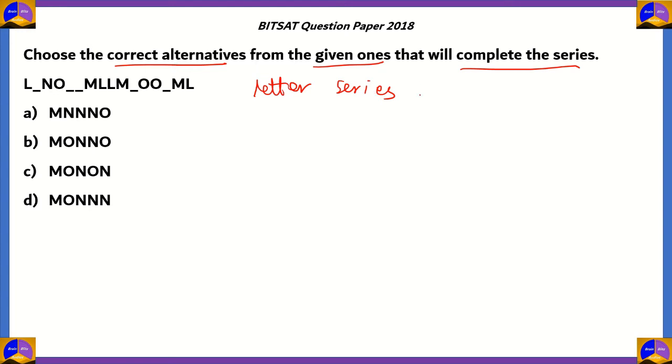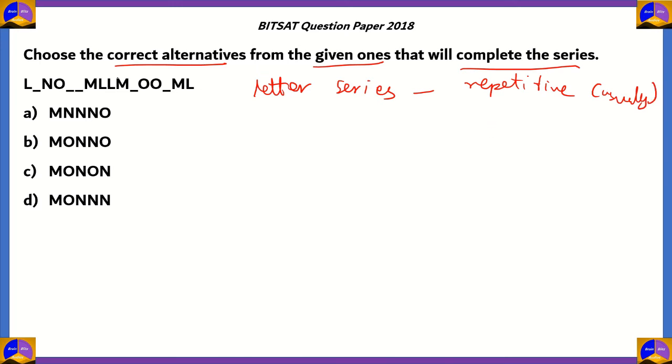Now, normally in these kinds of questions, letter series are repetitive. So for example, you'll have stuff like ABC, ABC, ABC, or you'll have something like D, E, F, F, E, D, D, E, F, F, E, D, and so on. So these are the kinds of series that you usually get.